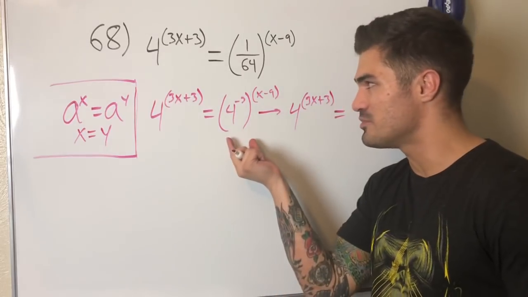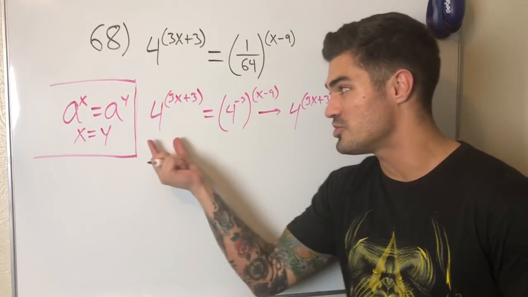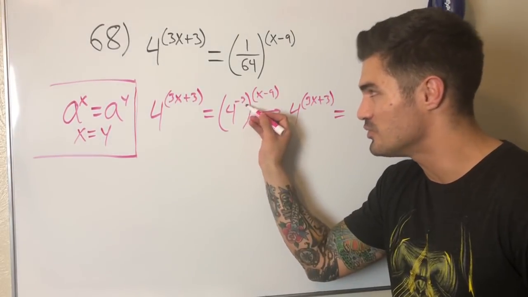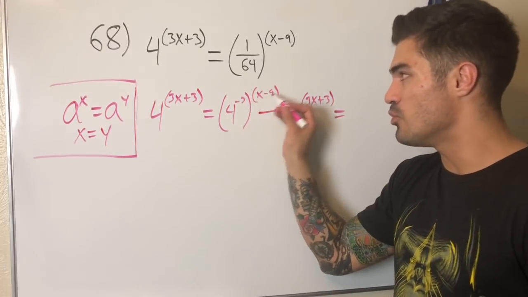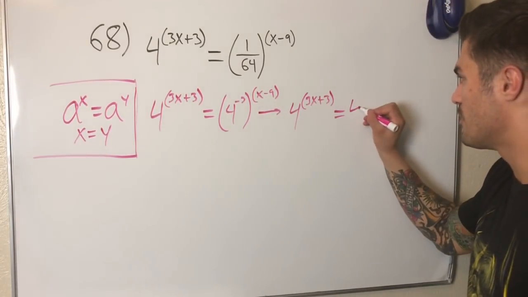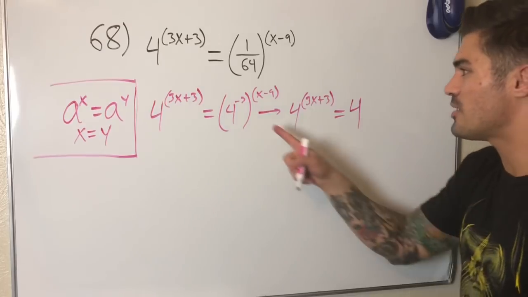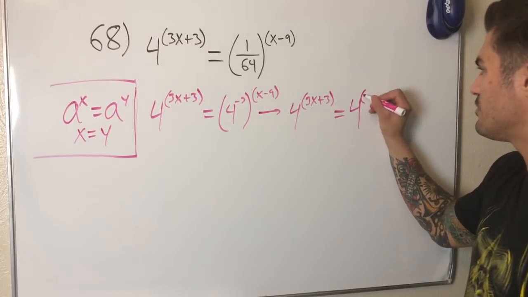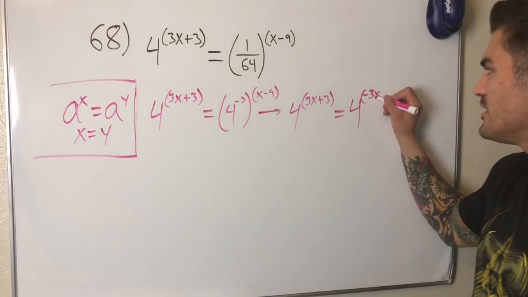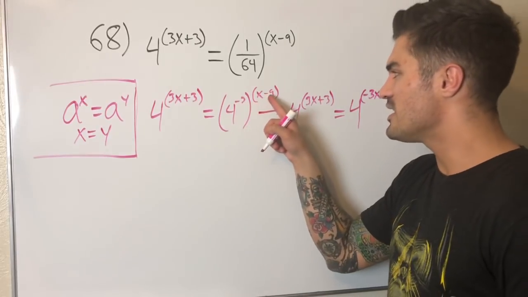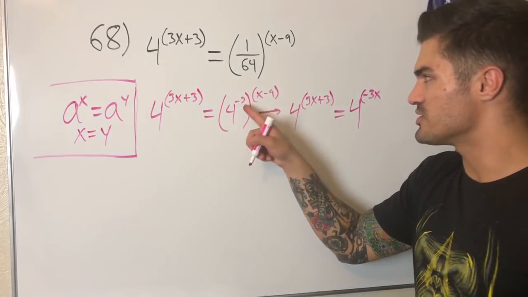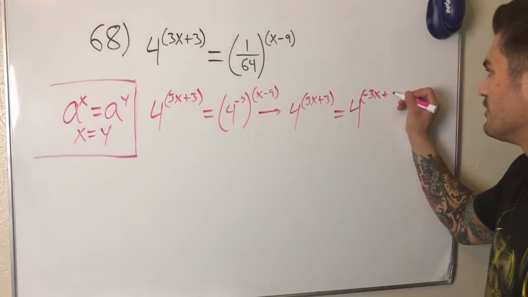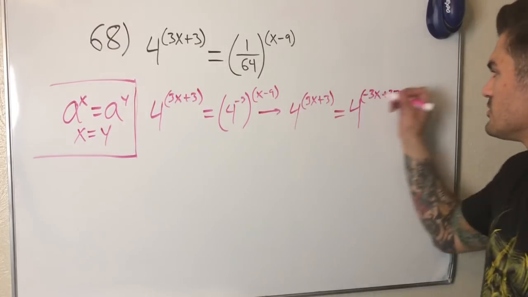This is 4, but this is a base of 4 to the -3rd. I need it to just be 4 and 4, and that's why I need to distribute this -3, multiply it through. So I can just have 4 down here. And up top I can have -3x, so that's -3x. And then negative times a negative becomes a positive, plus 27. All right, 9 times 3, plus 27.